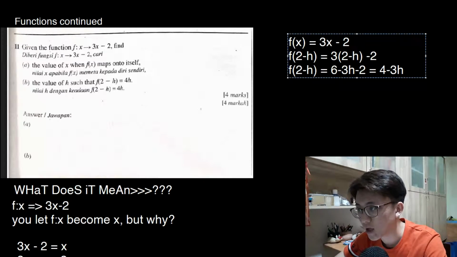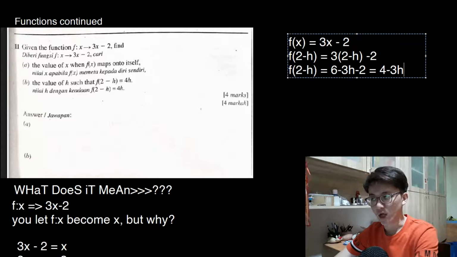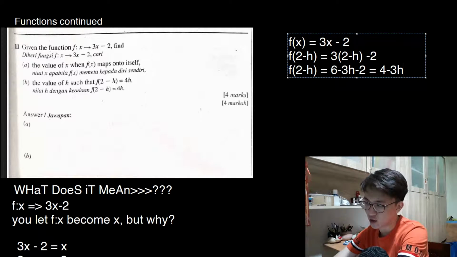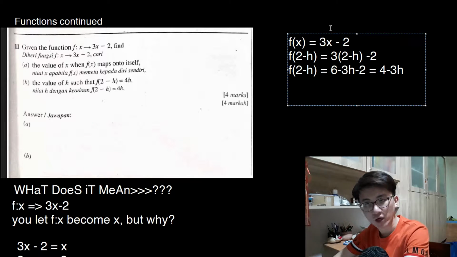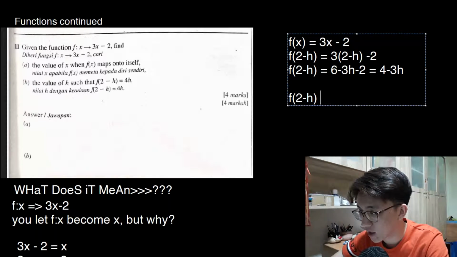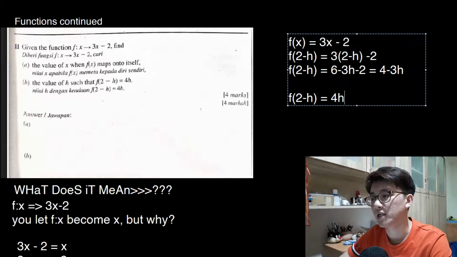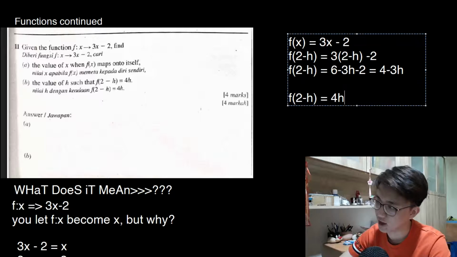Okay. Now, when you get 4 minus 3h, you have two expressions. The question also gives you f(2 minus h) equals 4h. They're asking you to find the value of h such that f(2 minus h) equals 4h.